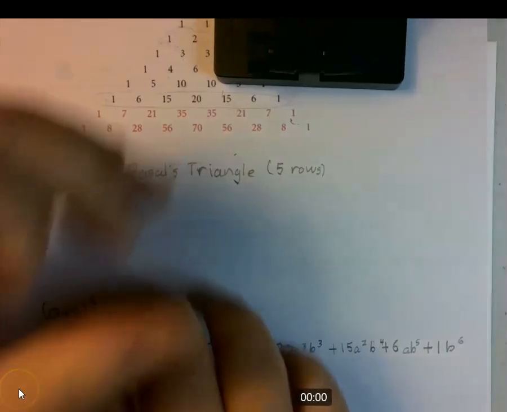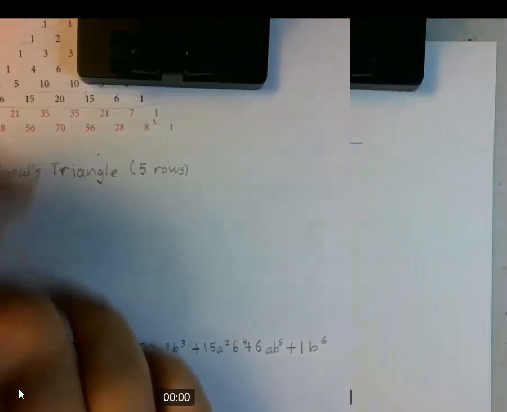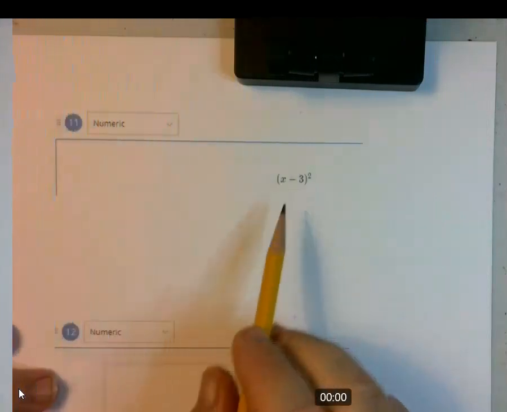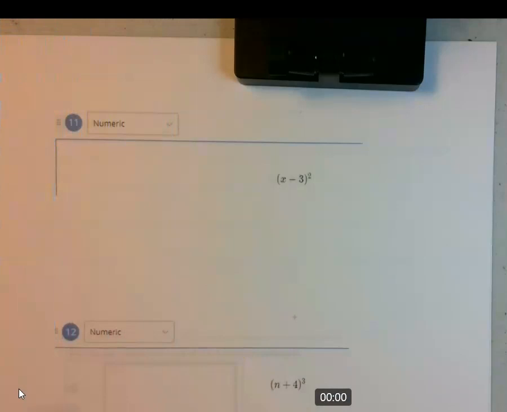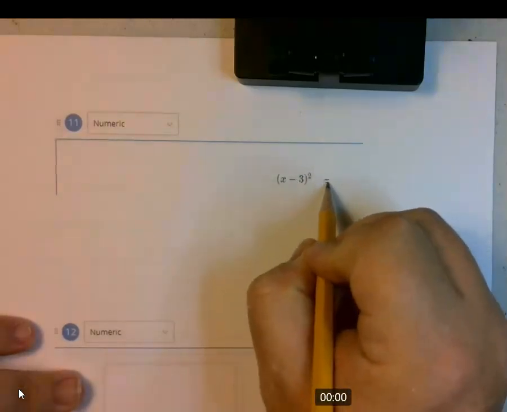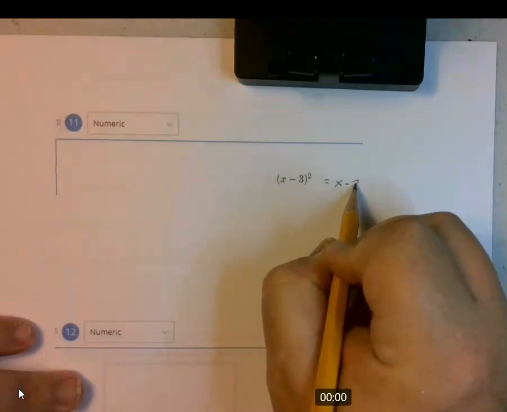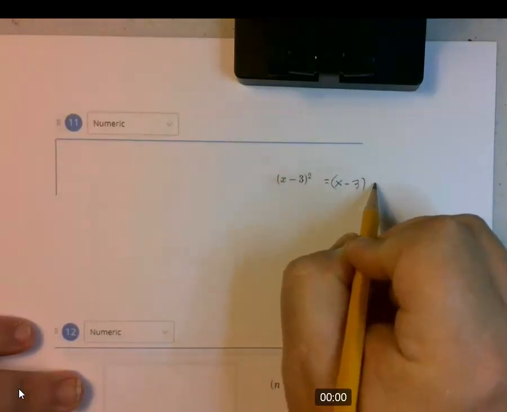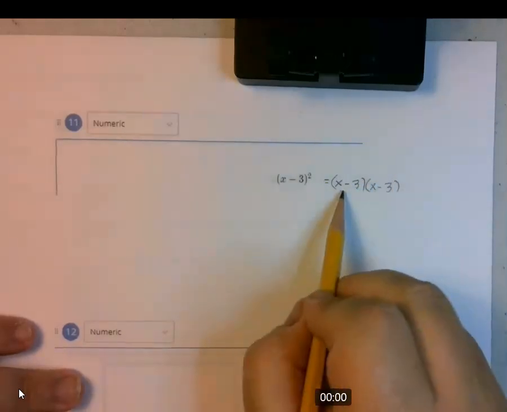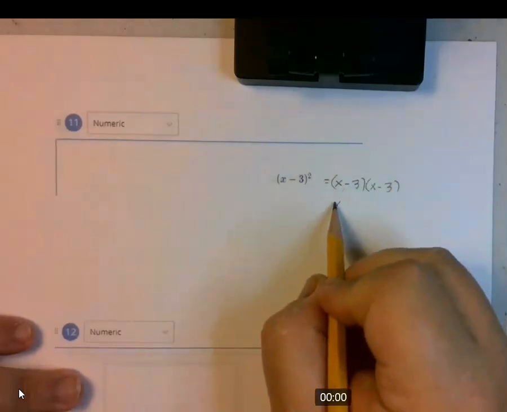Okay, now let's move on to problem number 11 here. And it's just simply a simple FOIL problem, but we're going to do it two ways. We're going to use Pascal's triangle, and we're going to FOIL it. So let's FOIL first. So what this equals to is, okay, so first is x times x is x squared.